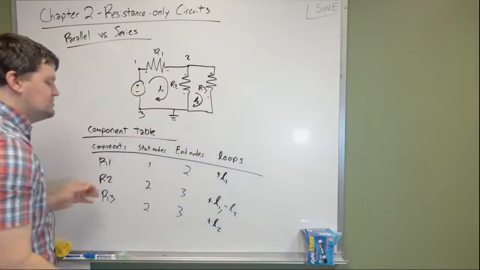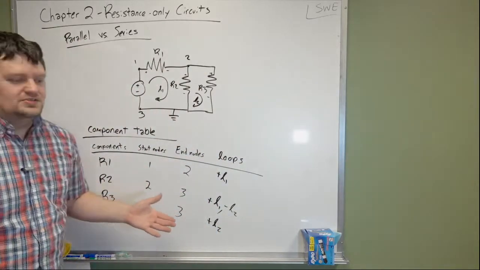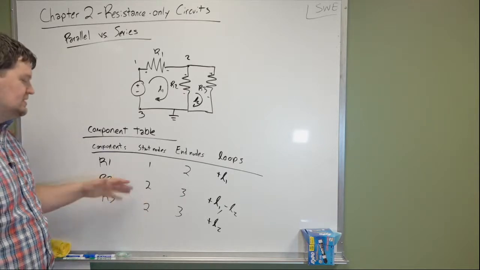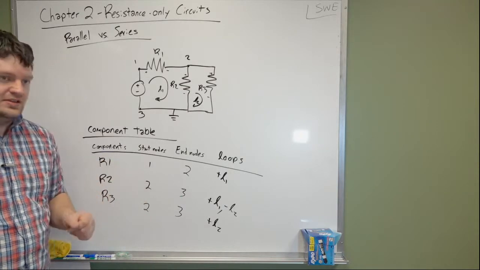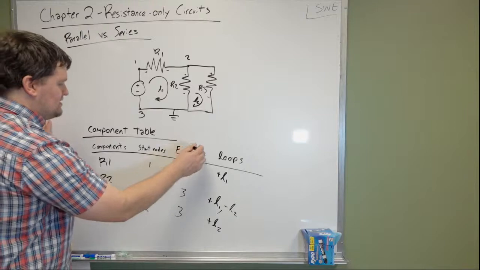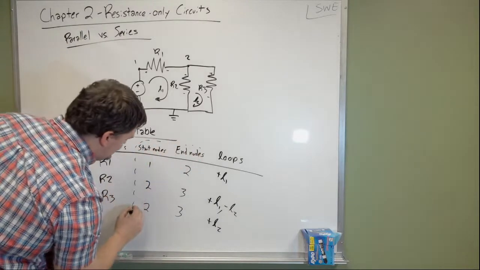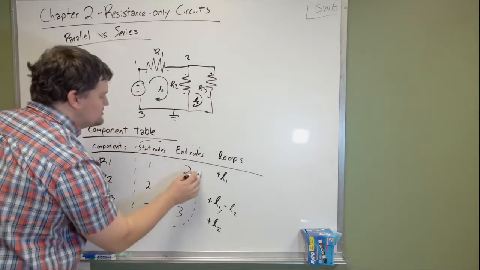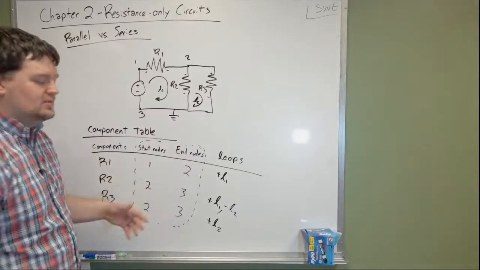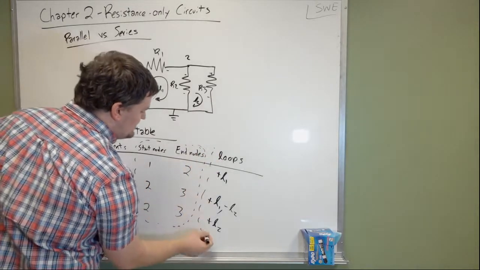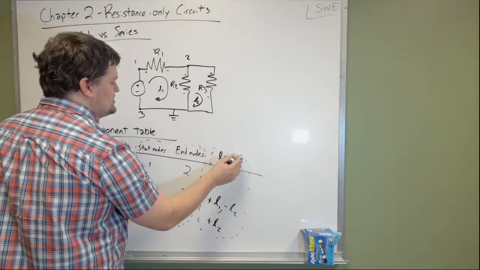Now this tells us a couple of things. These columns say what KCL values are associated with them. This one says what KVL values are associated with them.